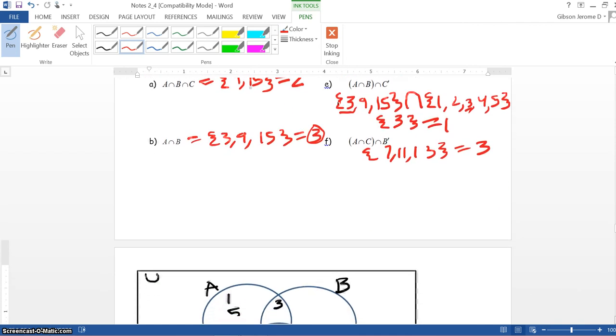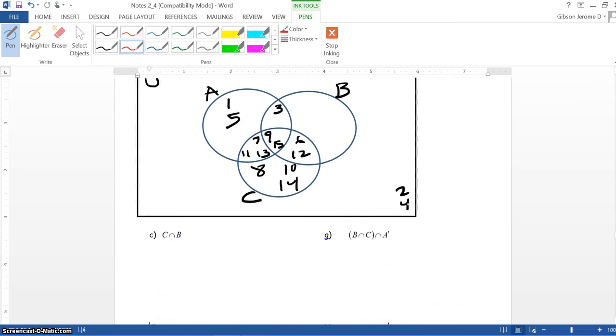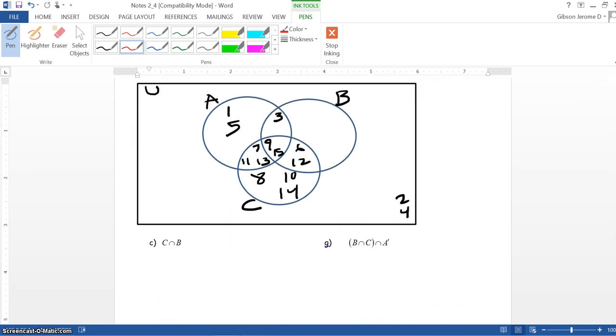Now, we scroll down, and I took the liberty of drawing this Venn diagram again, because we still have a few more questions to answer, and then we'll be done. Okay, now we have C intersect B. So we go here where C and B intersect.